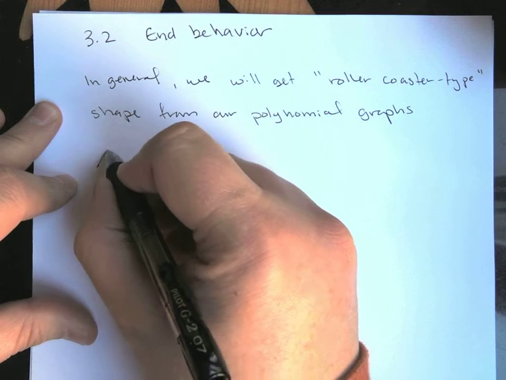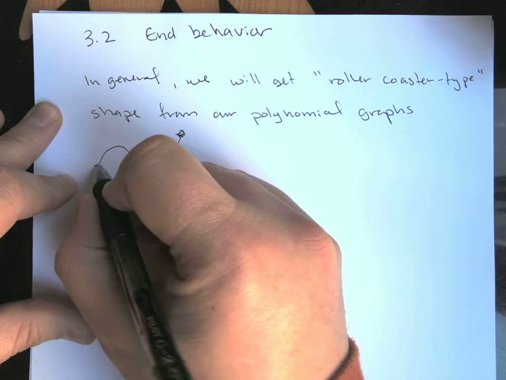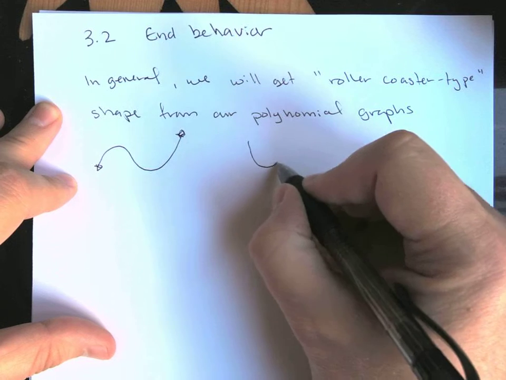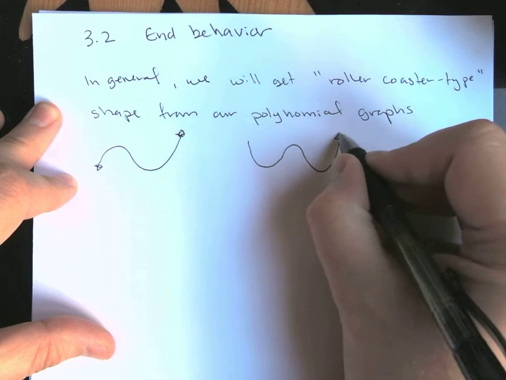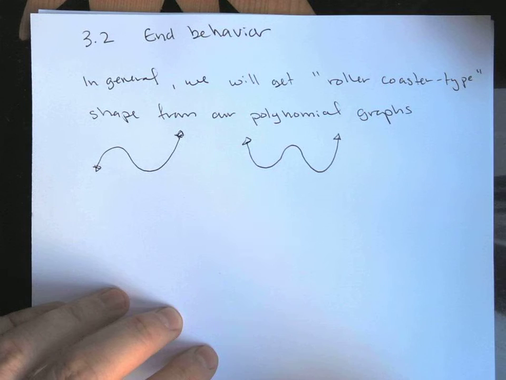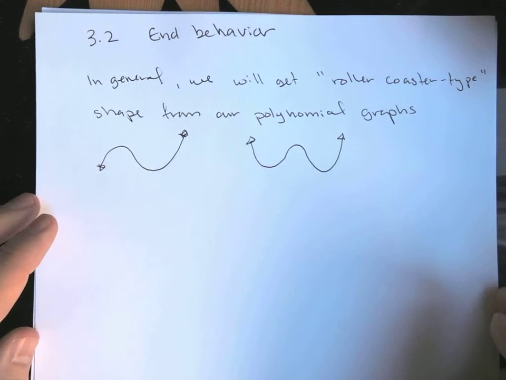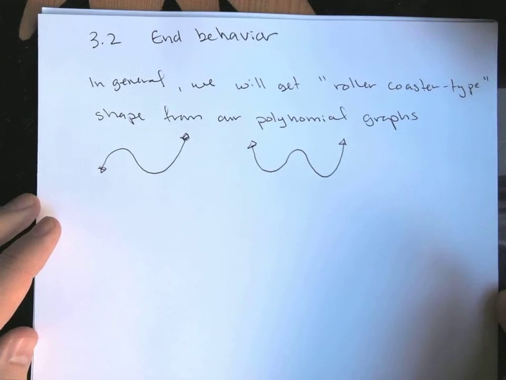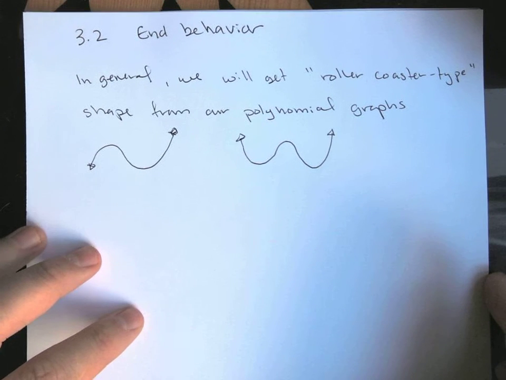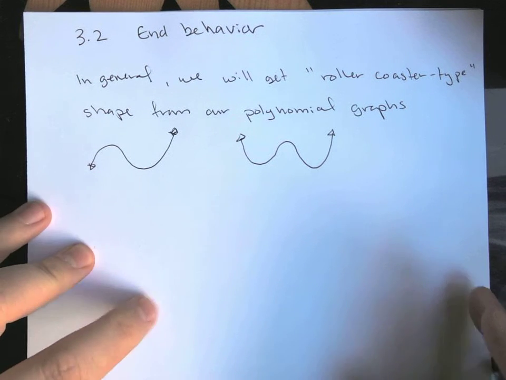Meaning that they're going to be doing up and down type behavior. In general, the higher the degree, the bigger the polynomial is, the more twists and turns it'll take, the more potential turns from up to down it can do. The simpler they are, the fewer turns they're going to do.